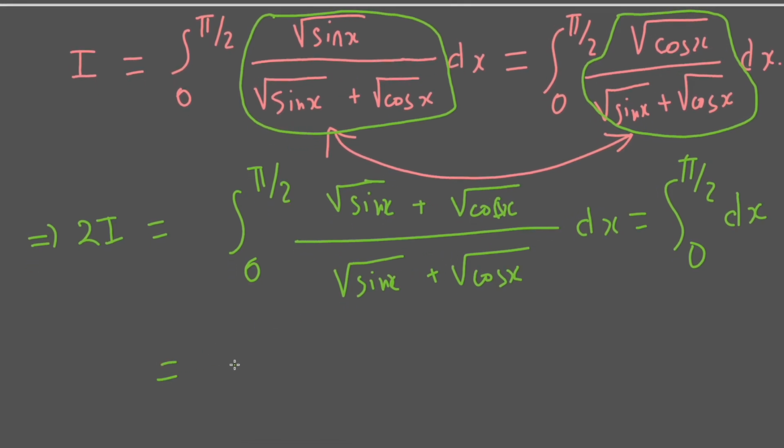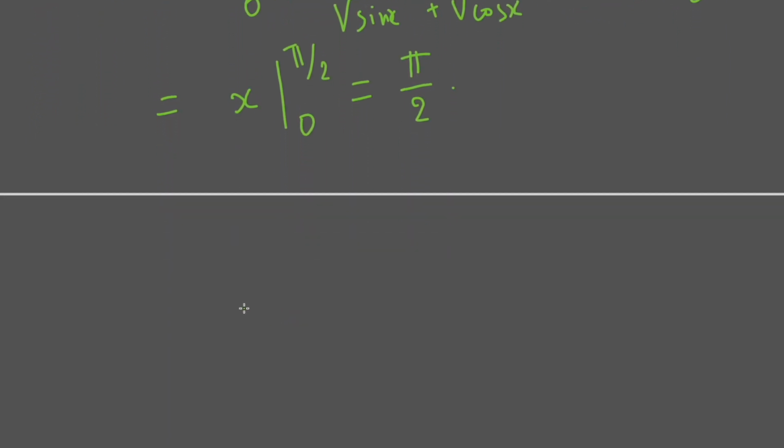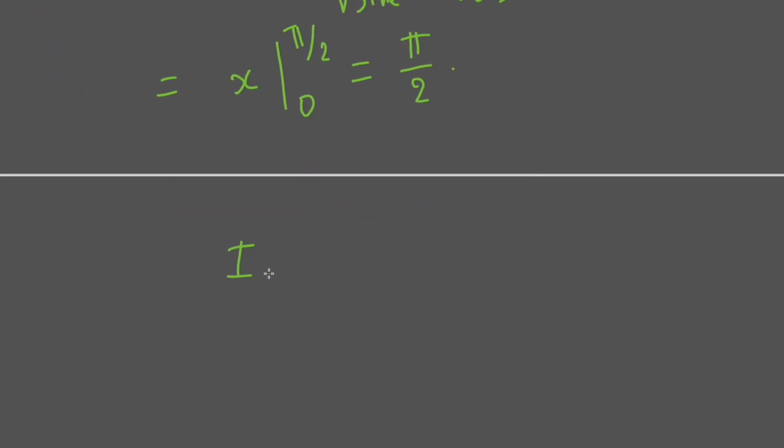Then this will be x from 0 to pi over 2, which is pi over 2. Then the final result of the integral is I equal to pi over 4.